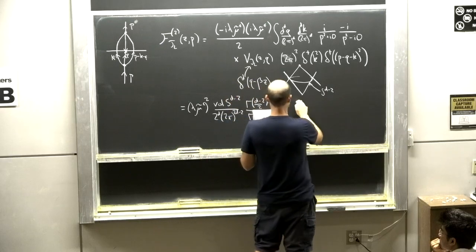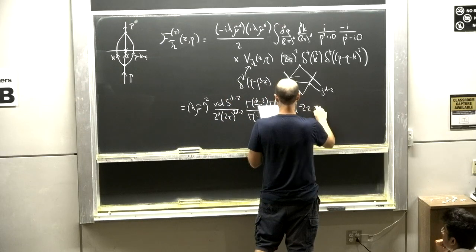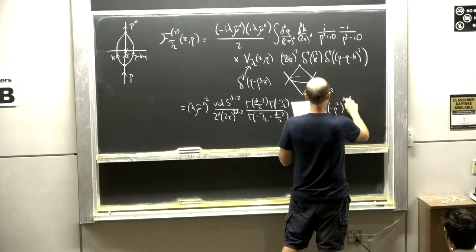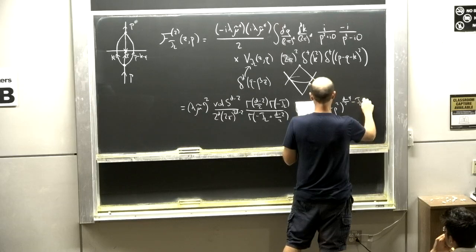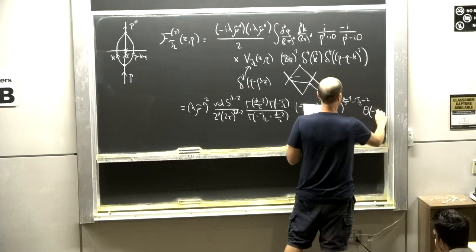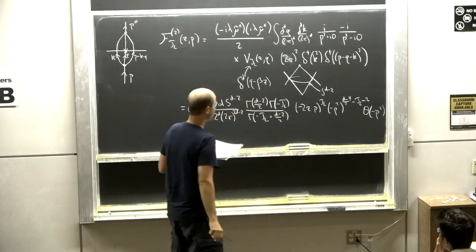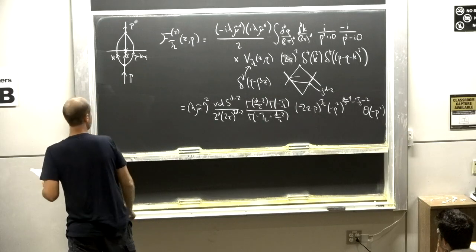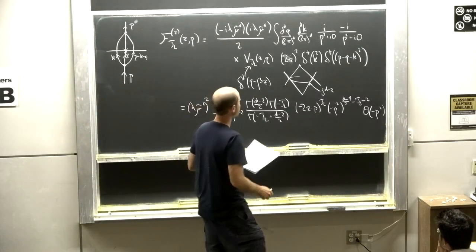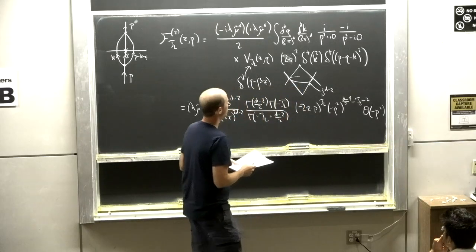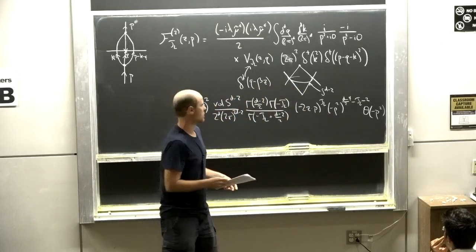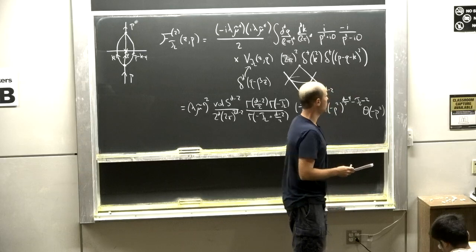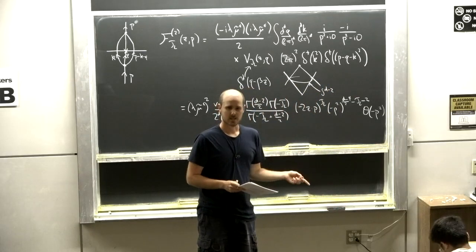And then the interesting kinematic stuff that we care about: minus 2z dot p to the JL, minus p squared to the (d minus 4)/2 minus JL minus 2, theta of minus p squared. I should have probably said this at the beginning, but I'm working in mostly plus signature. So theta of minus p squared means inside the future null cone. Mostly plus signature, by the way, is the correct signature.